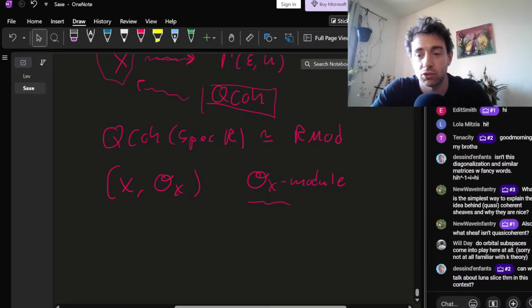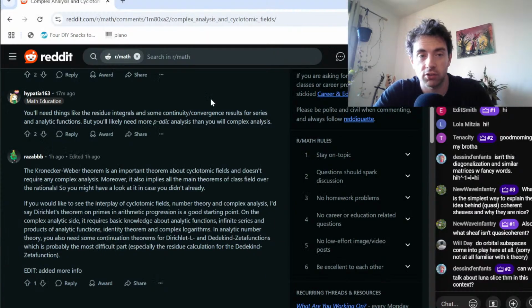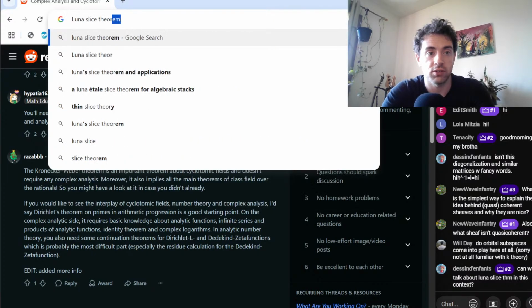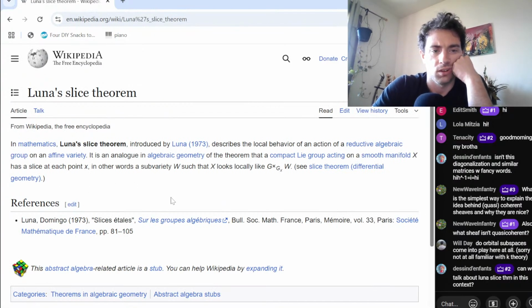So I don't think orbital subspaces come into play, but then again, I don't know, because I'm not familiar with the term. The Luna slice theorem in this context? I don't even know what that is. Luna's étale slice theorem. Who's Luna?